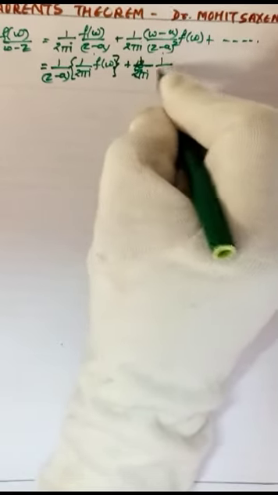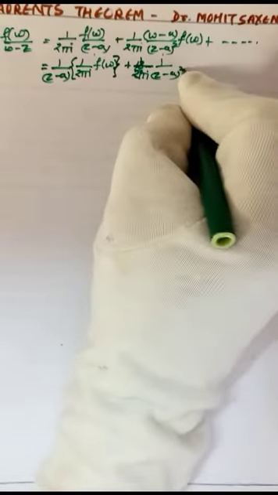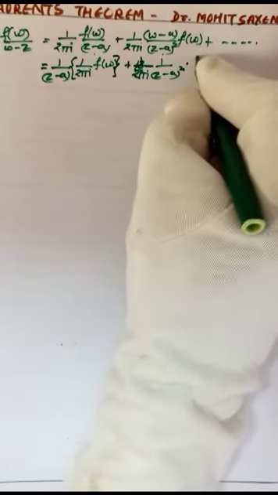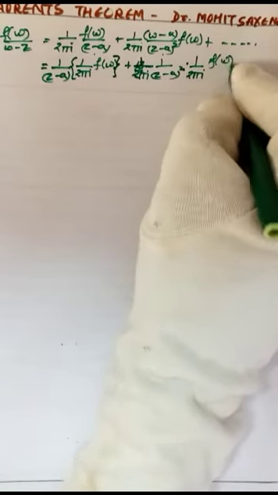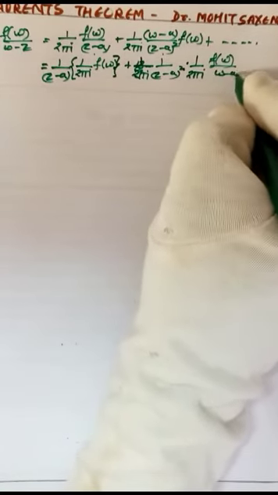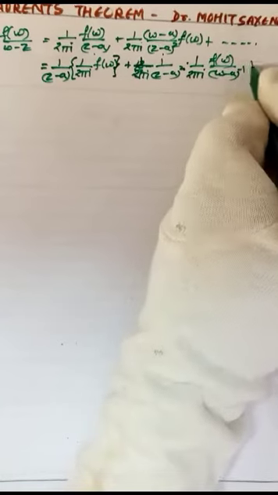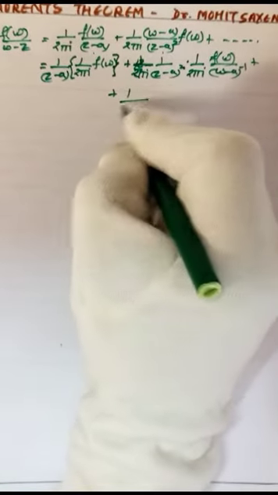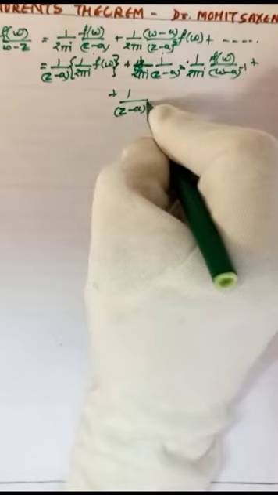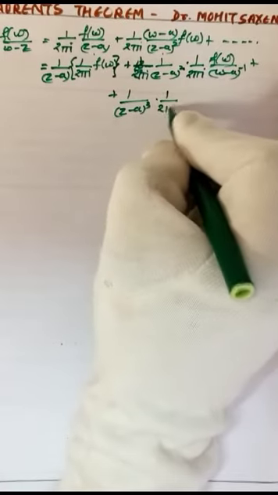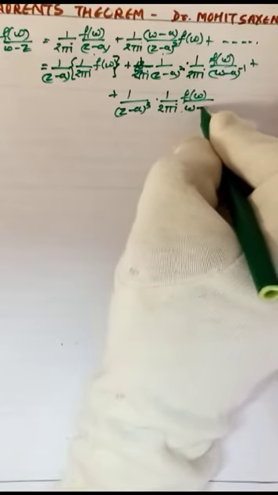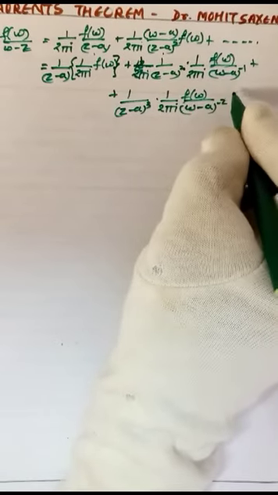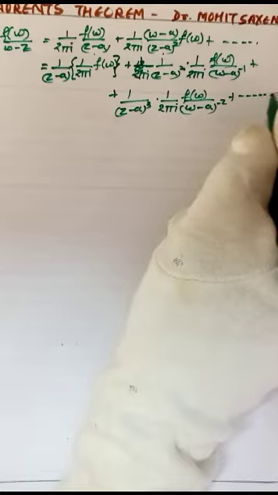Next is 1 upon (z minus a) whole square, within bracket 1 upon 2 pi i f of w upon (w minus a) to the power minus 1, plus the next term would be 1 upon (z minus a) whole cube, 1 upon 2 pi i f of w upon (w minus a) to the power minus 2, plus dot dot dot.